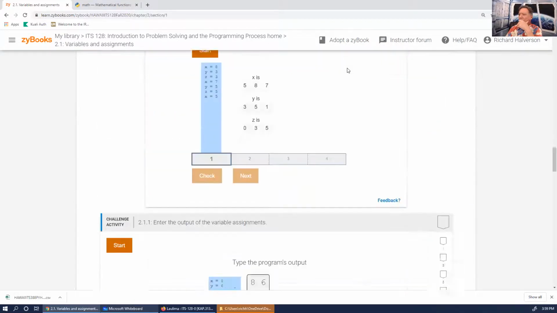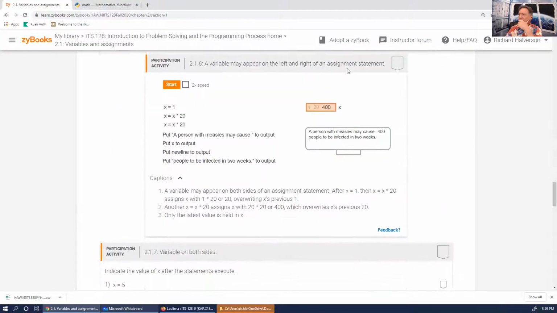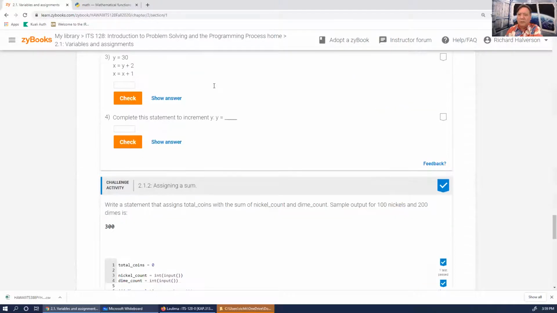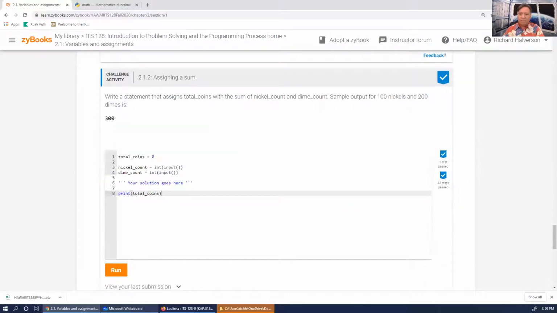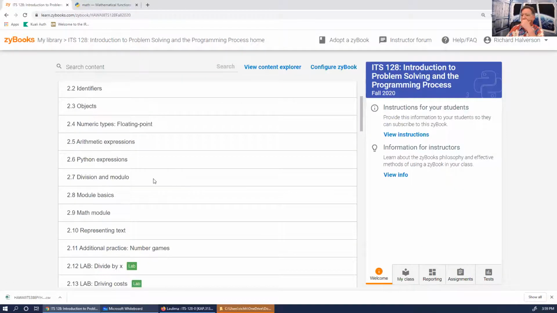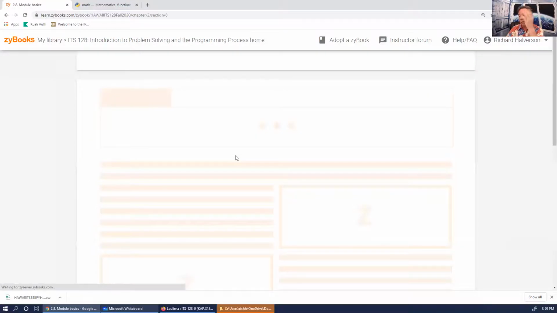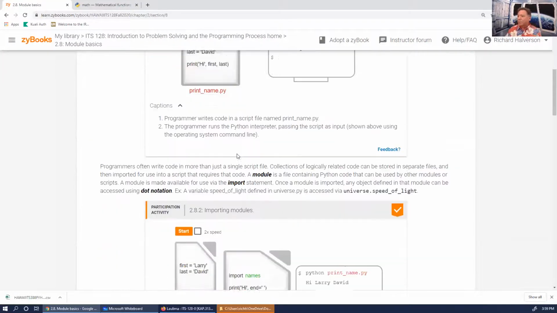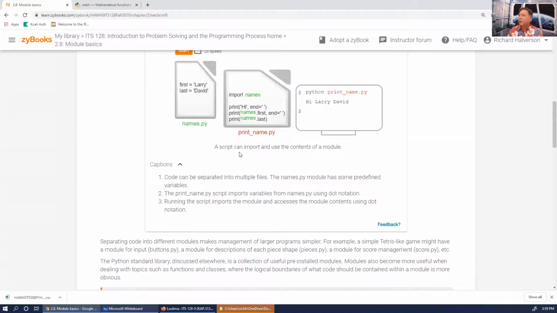We don't need to talk about that yet. Somebody asked me about modules, right? Modules. Yes, this.